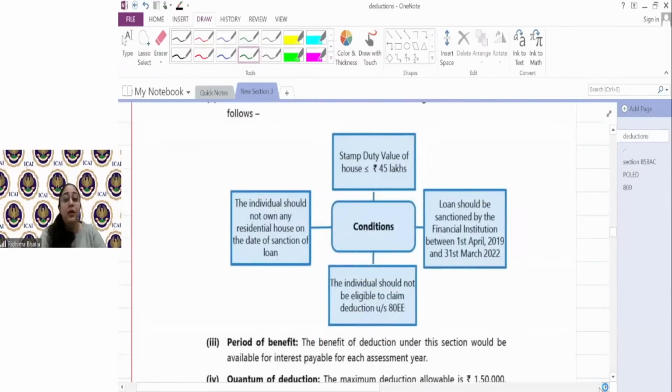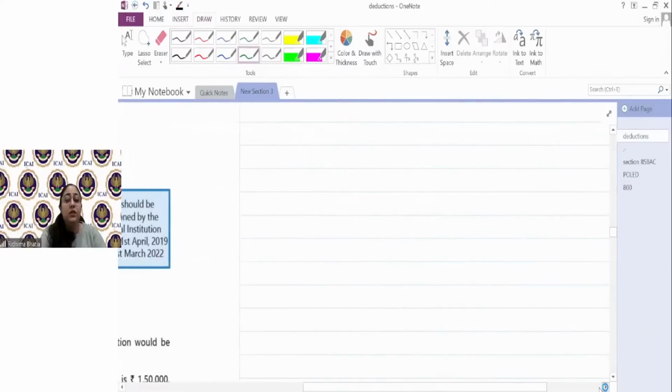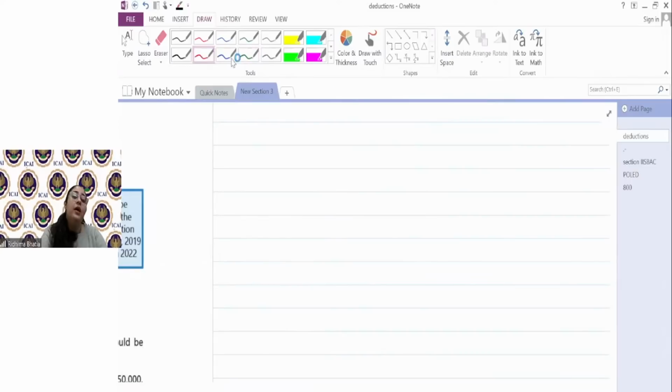The benefit is that additional deduction is not of 50,000, additional deduction is of 1,50,000. So the interest deduction here maximum is 1,50,000.